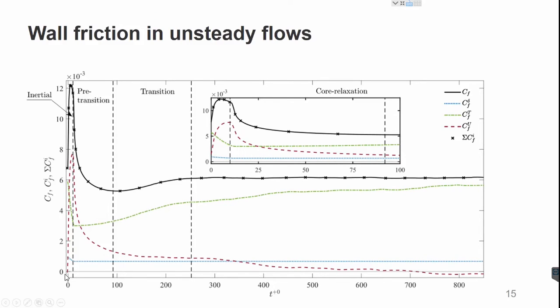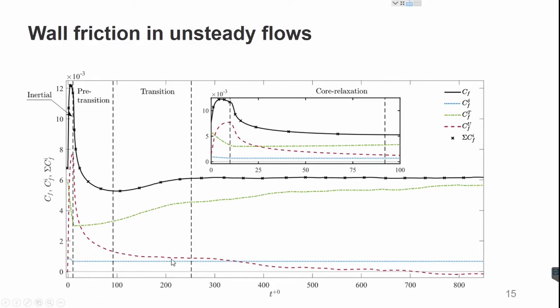Now, the unsteady term becomes dominant during the inertial stage. It becomes very high, and it overcomes the magnitude of the turbulent contribution. However, as we stop accelerating the flow during the pre-transitional stage, it quickly decays and becomes less and less dominant.